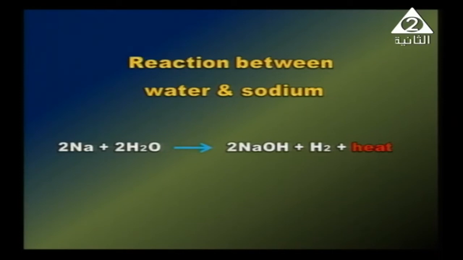This reaction needs special precautions. The smaller the amount of sodium used, the smaller the amount of heat obtained. So you should use a small amount of sodium to decrease the amount of heat produced.